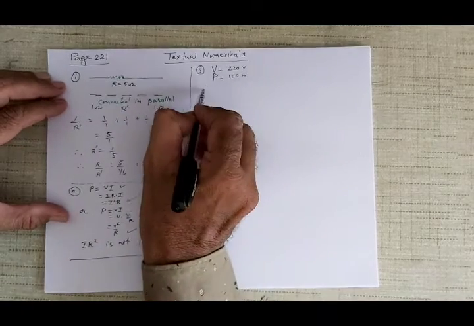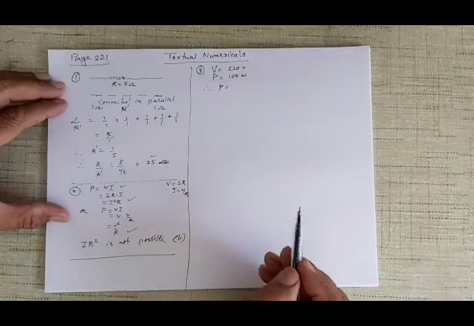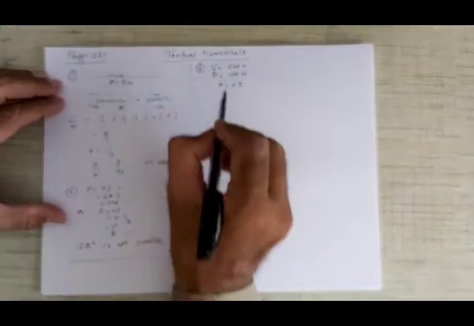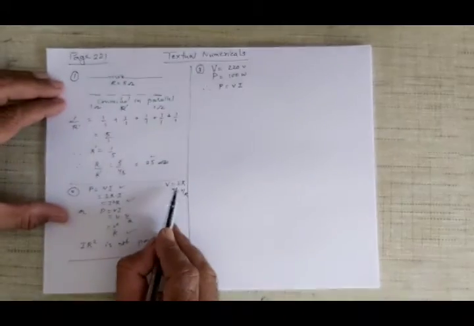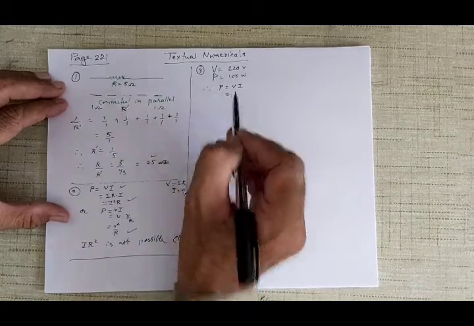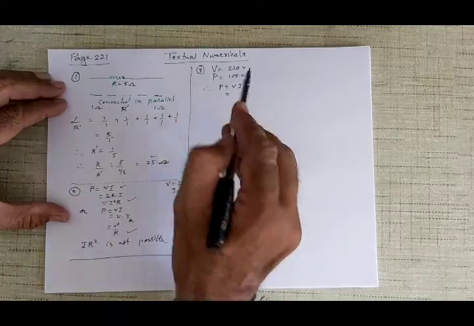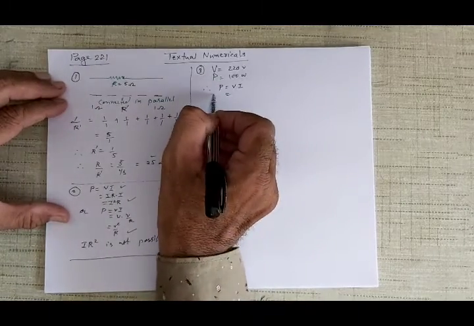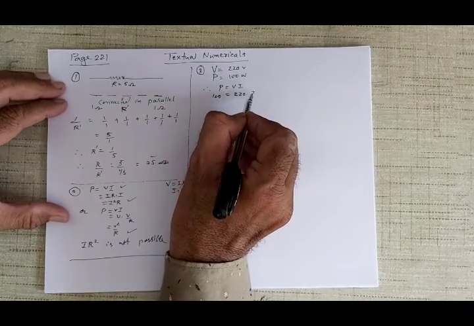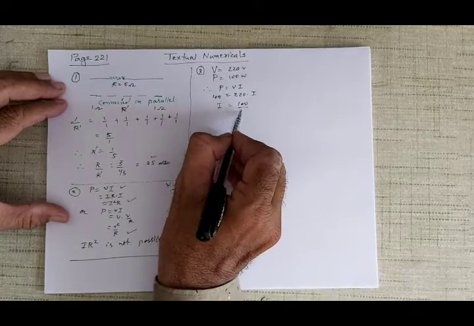Remember, power is equal to V into I. V is given, power is given, and I is what you want to find out. So if P is equal to 100 and V is given as 220 into I, then I will be equal to 100 upon 220.